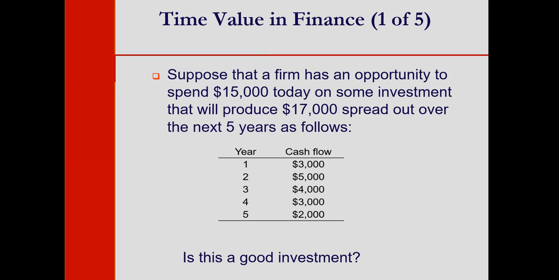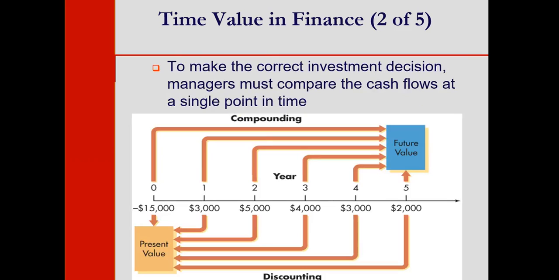A layman who has no idea of the time value of money would say, you are investing $15,000 and getting $17,000 back, so it's good. This investment is worth it because it pays more than your investment, so you will make $2,000. But that may or may not be true, because, as I just mentioned, cash flows arising at different points in time are not comparable.